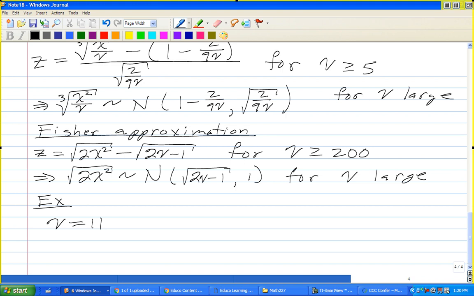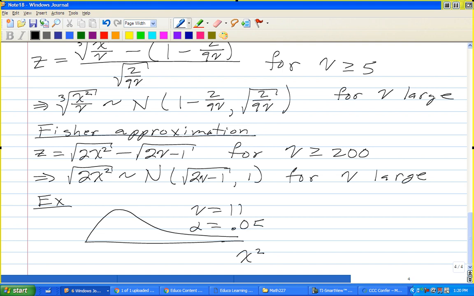So given the degree of freedom of 11 and the area of the right tail, maybe I'll just draw it. So let's find this. I have chi squared. Degree of freedom is 11. And the area of the right tail is 0.05.